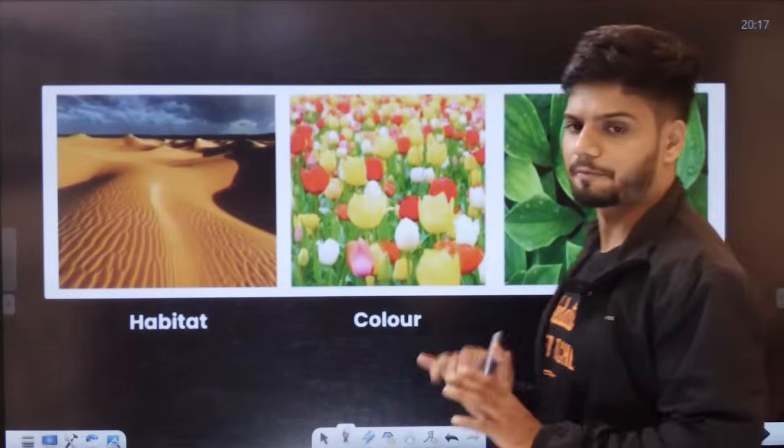Now students, if I classify plants just by looking from the outside, like you like a person by looking at their face. Oh, nice nose that girl has, nice eyes that girl has. So if you like them only from looking outside, that is external morphology, not true love.